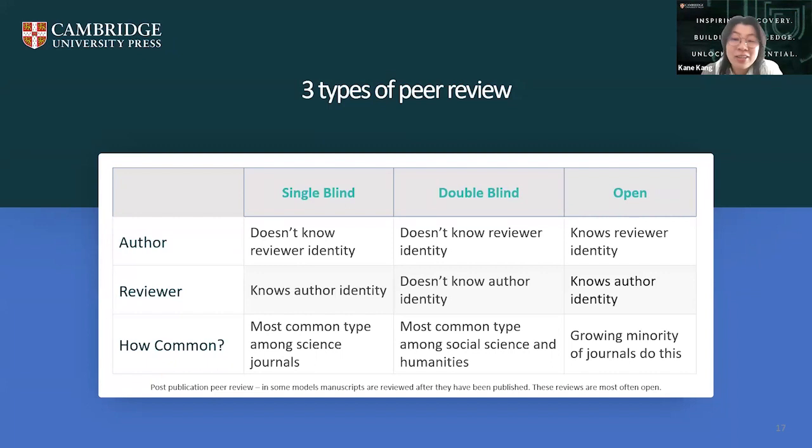However, it's not used commonly. And post-publication peer review is also very rare, used in some models, particularly experimental open access publishers. Manuscripts are reviewed after they've been published. These reviews are most often open.